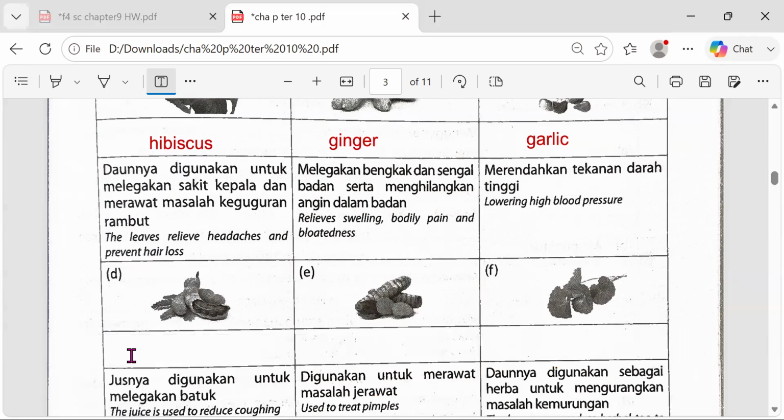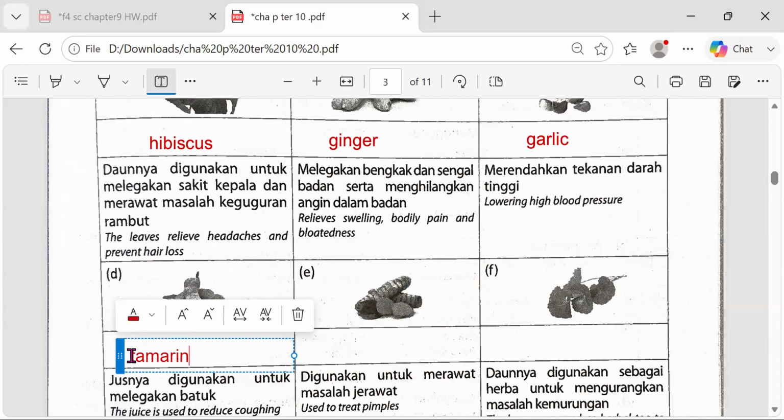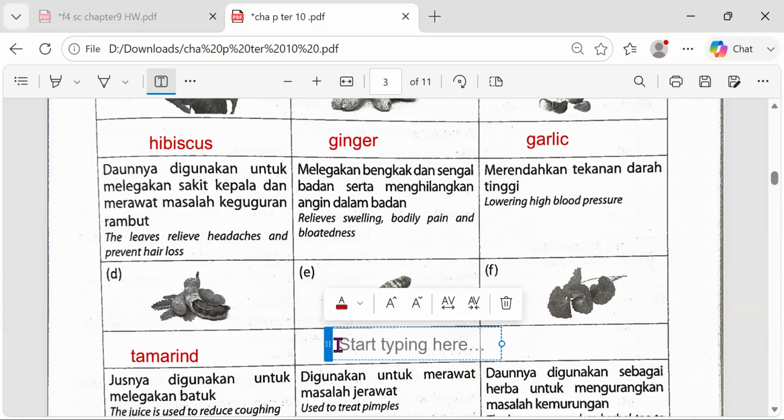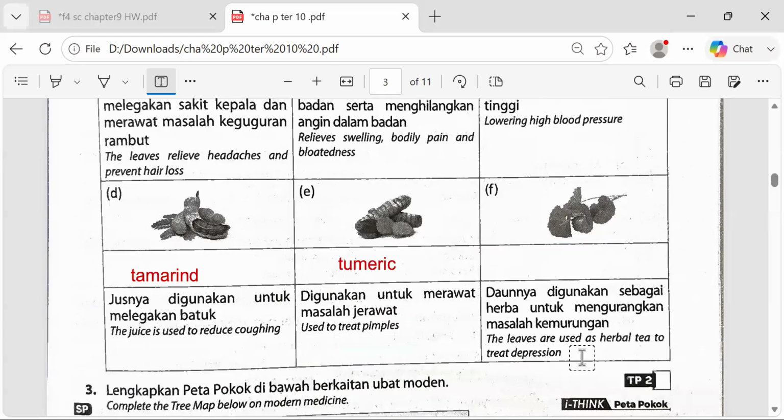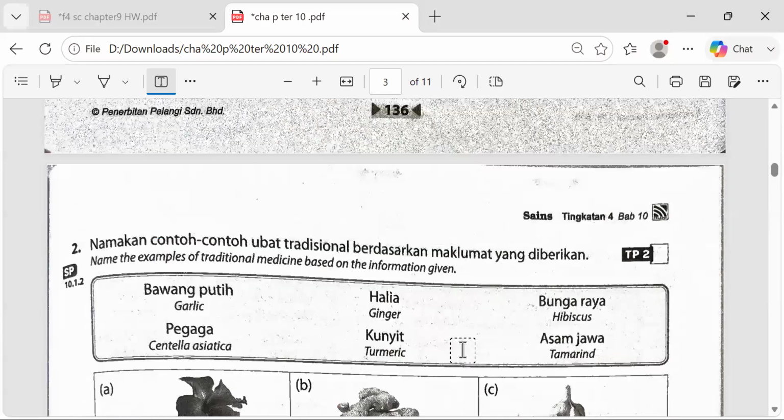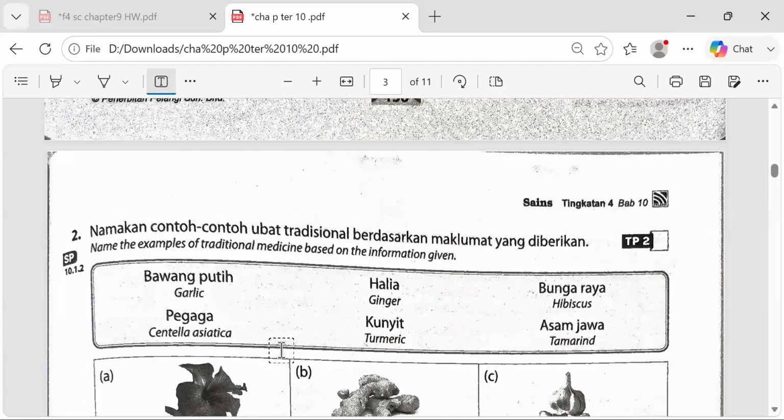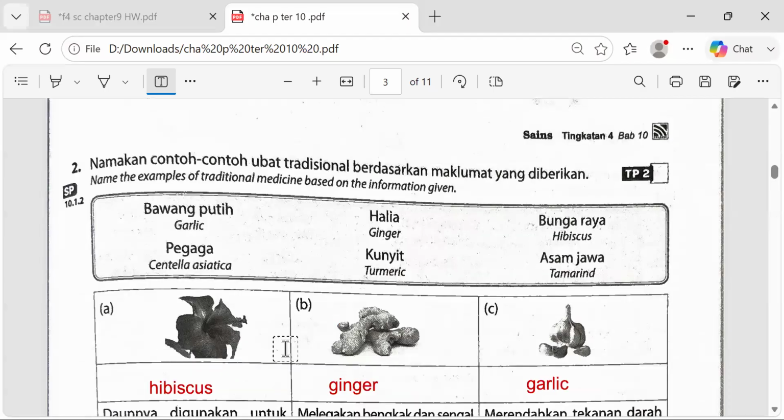This one is tamarind. This one is turmeric, a very famous anti-inflammatory and antioxidant. And the last one is pegaga, Centella asiatica.